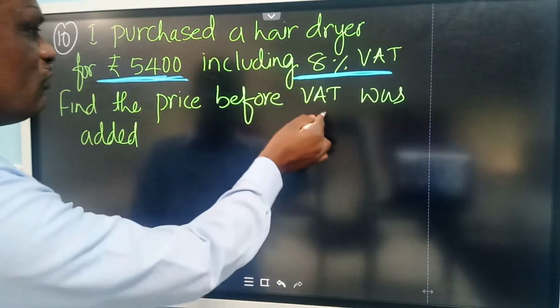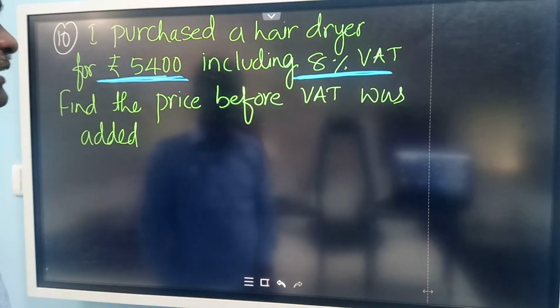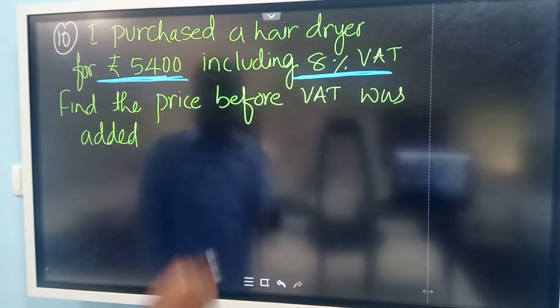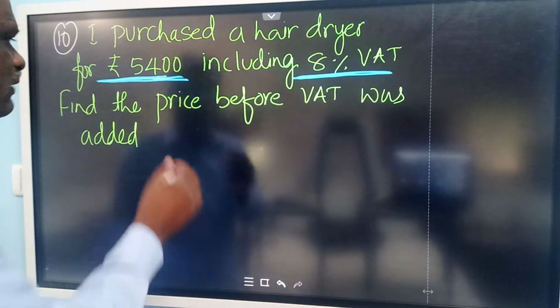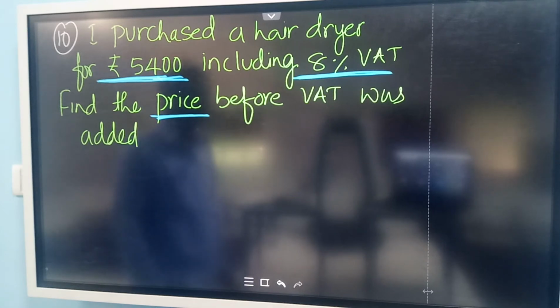Find the price before VAT. So without including this 8%, what was the price mentioned on the article? So how do we find the price without VAT?